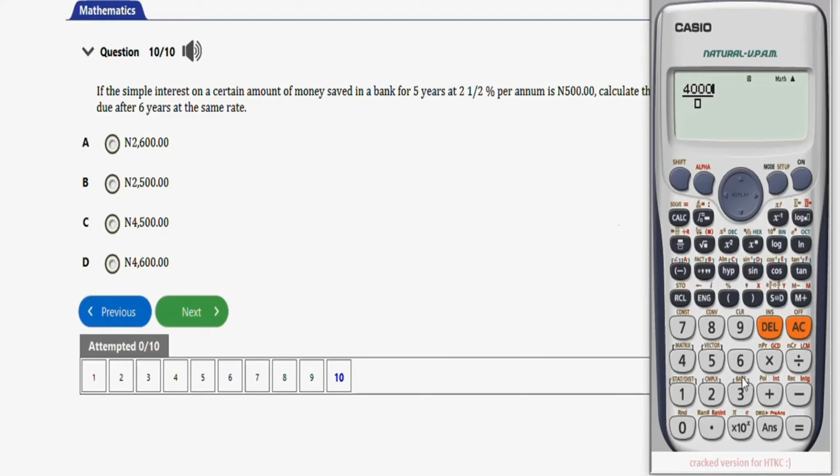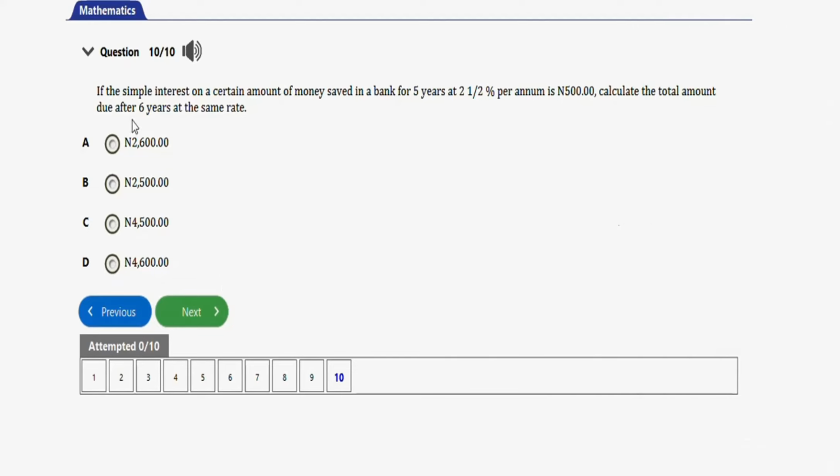Now looking for the interest in 6 years: principal times time, 6, times rate, 2.5, at the same rate, over 100 is equal to 600. So 600 plus 4,000, you're going to have 4,600 naira. So that will be the total amount due after 6 years at the same rate. The right option is option D.